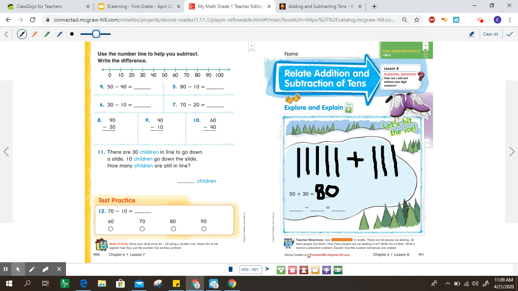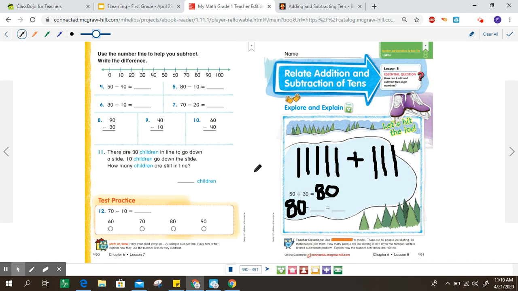Write a related subtraction problem. Explain how the number sentences are related. Okay, so boys and girls, when you add two numbers together, you get a bigger number. So when you start with subtraction, you have to take the sum, the answer from when you added to start. So I'm going to start with 80 because that is the biggest number.